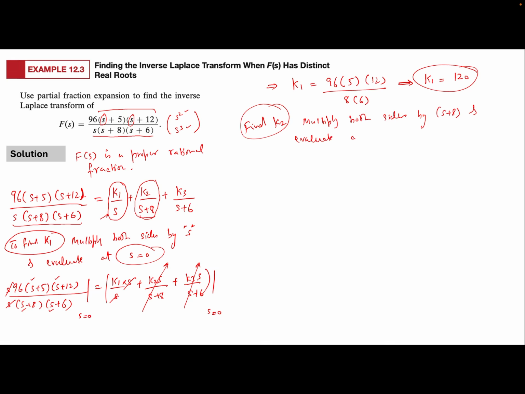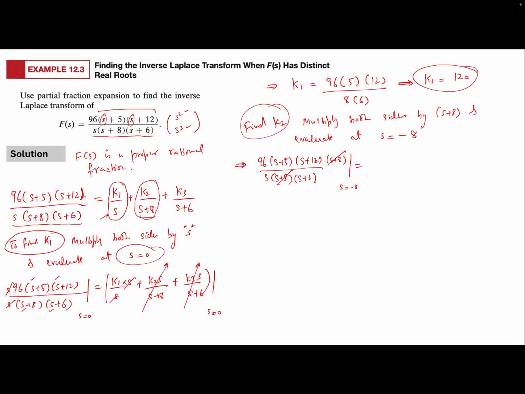Let me still show you the entire thing again: 96 (s+5)(s+12) over s(s+6), multiplying by s+8. So s+8 will be cancelled, and I have to evaluate this at s equals minus 8.